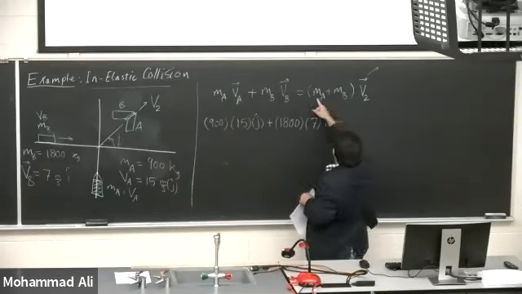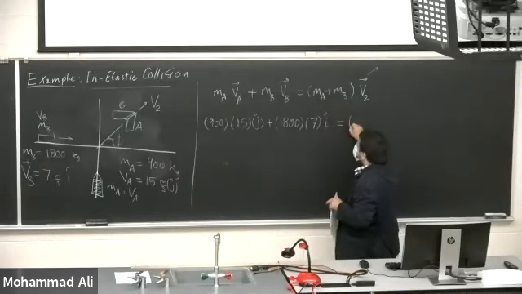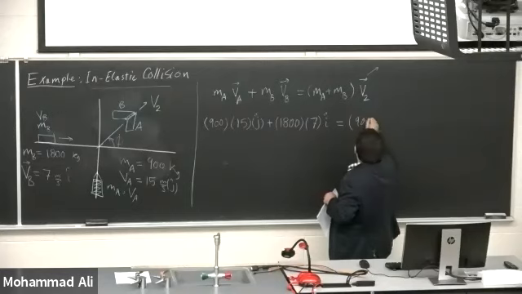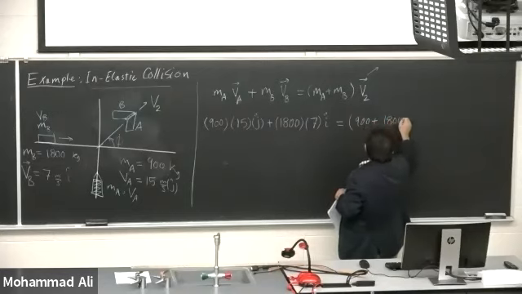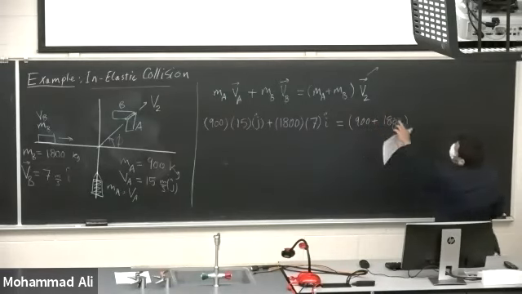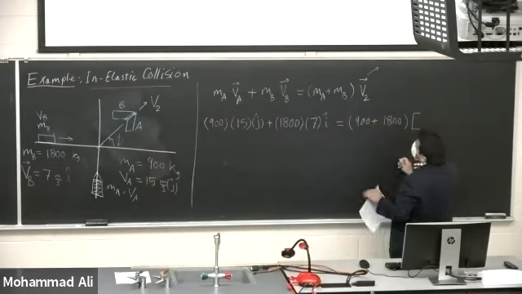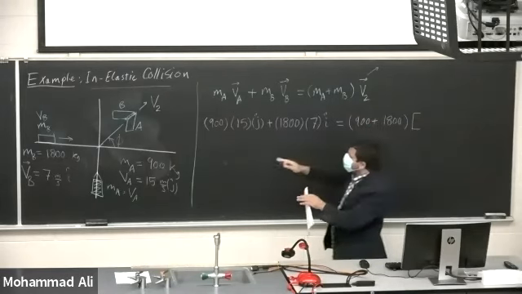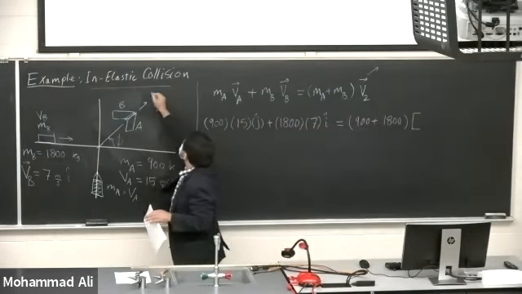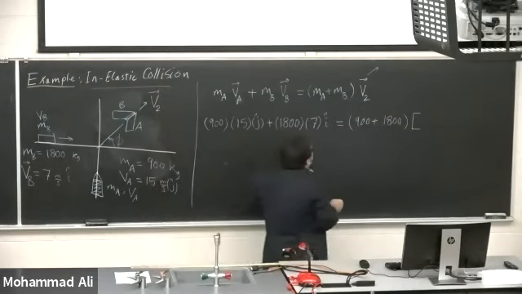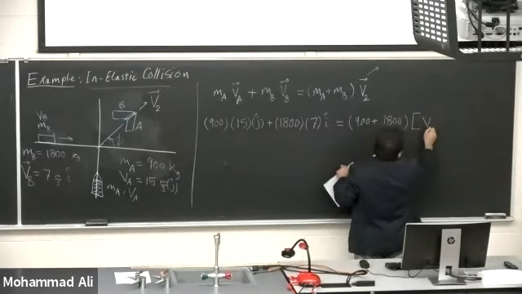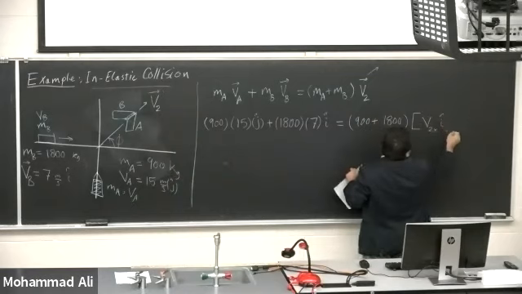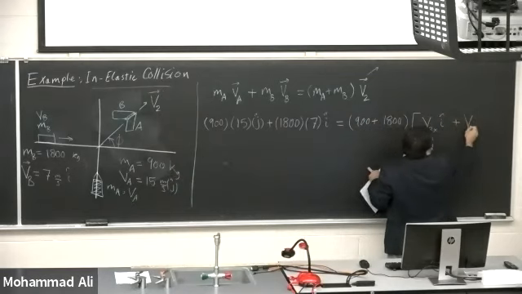This will be equal to the total mass, which is 900 plus 1800, multiplied by the velocity v2. I will divide it into x component and y component, as we see. This will be equal to V2 in the x direction I hat plus V2 in the y direction J hat.